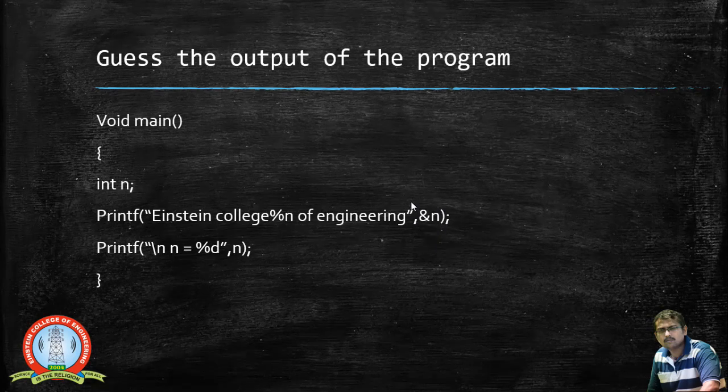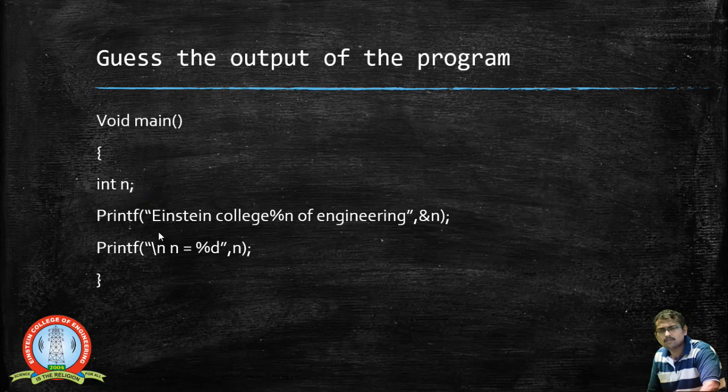Normally we use an ampersand symbol to get values using a scanf statement, but I am doing it here with the printf statement. After this statement I am going to print the value of n. So Einstein space college, percentage n, of engineering, getting the value in n, and n is an integer value.